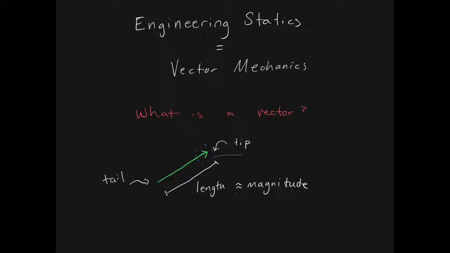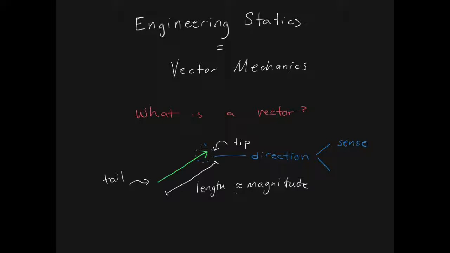One thing that's unique in statics is that the direction is usually split into two characterizations. One is the sense, and that's the orientation of this tip to tail. In this case the tip is oriented to the upper right as opposed to the lower left.